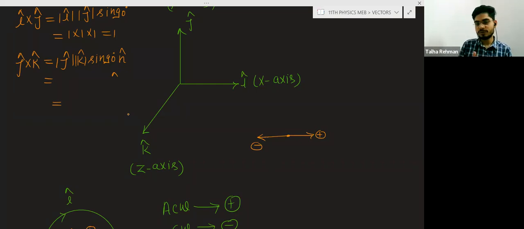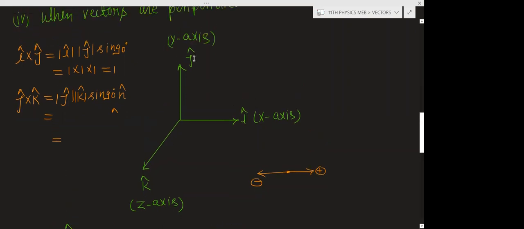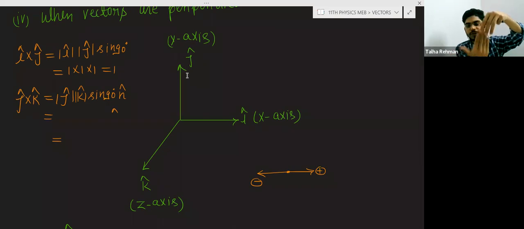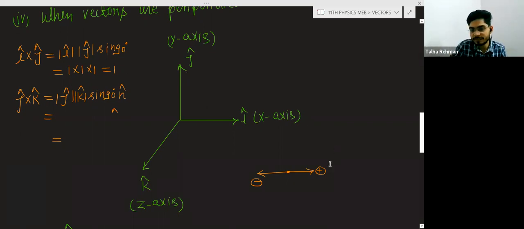I have told you right side will be positive, left hand side will be negative, upward direction is positive and downward direction is negative. Inward direction is negative, outward direction is positive. So when you do J cross K, you will point your fingers along J cap and curl towards the K cap. So you will get your thumb in this direction. This direction is the positive direction. That is why J cross K will be I.